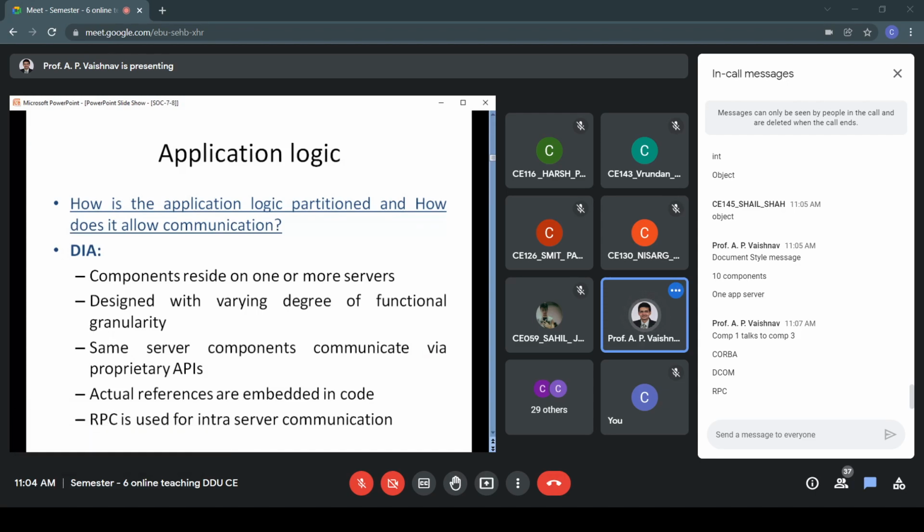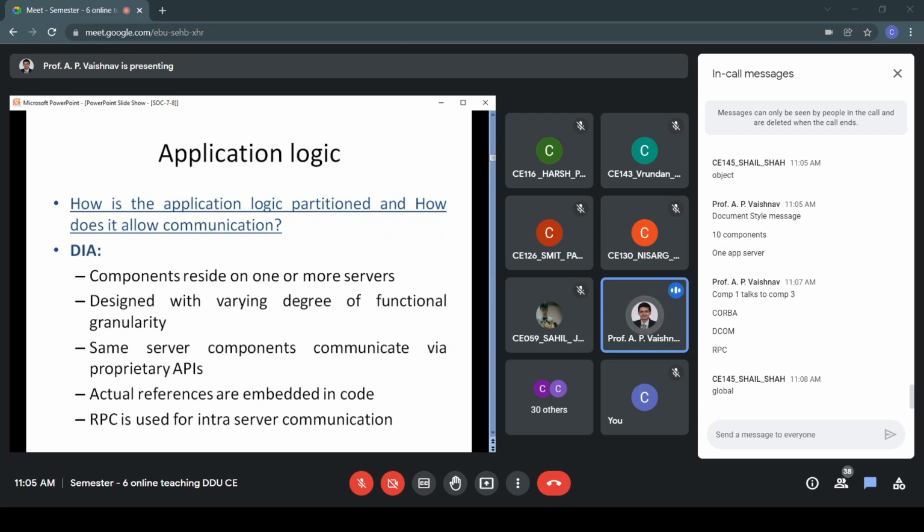If you are using a proprietary standard or a global standard, what is better? Obviously, global is better, right? Because that is going to provide you interoperability. In case of DIA, that was not possible, right?